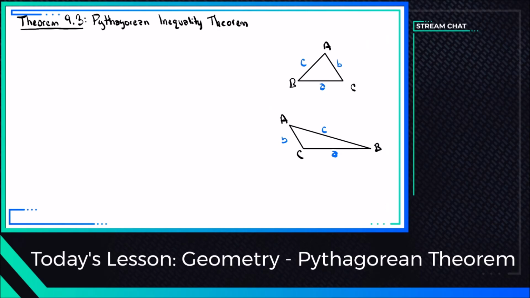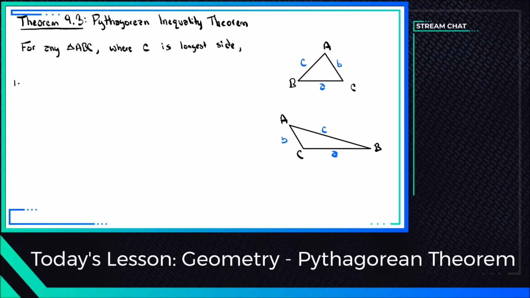Okay, so for any triangle ABC where C is the longest side, then the following statements are true.